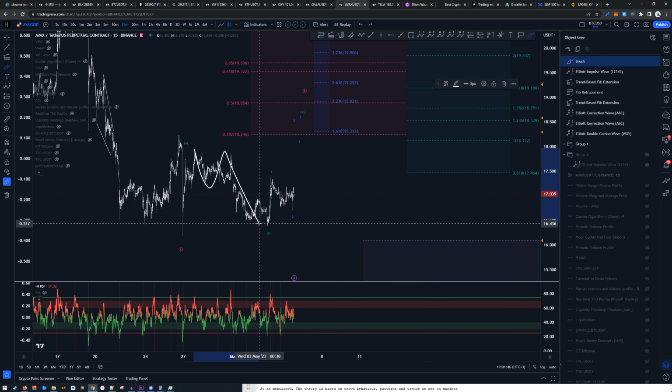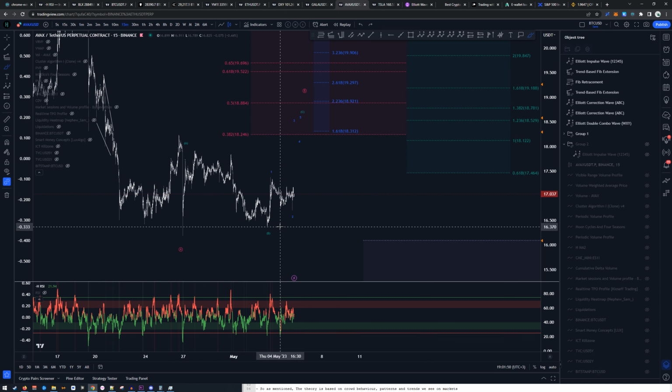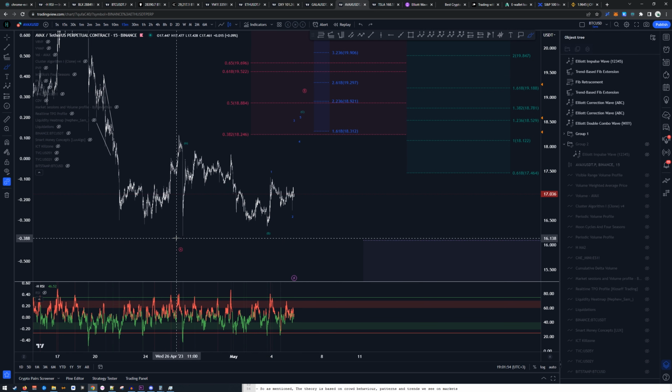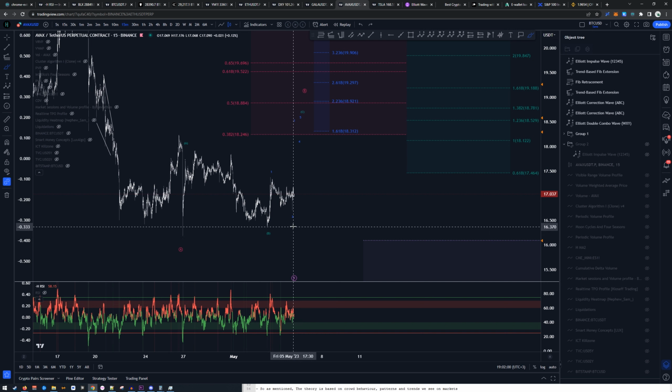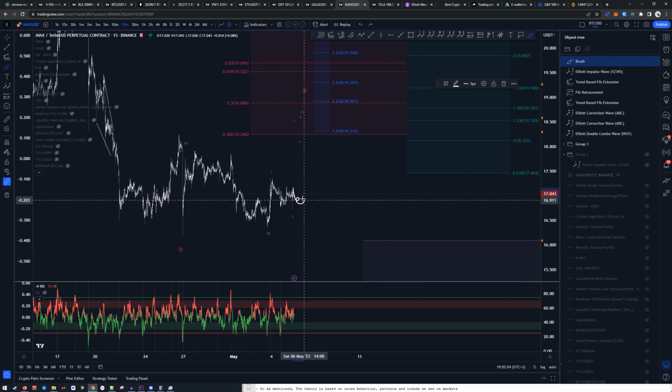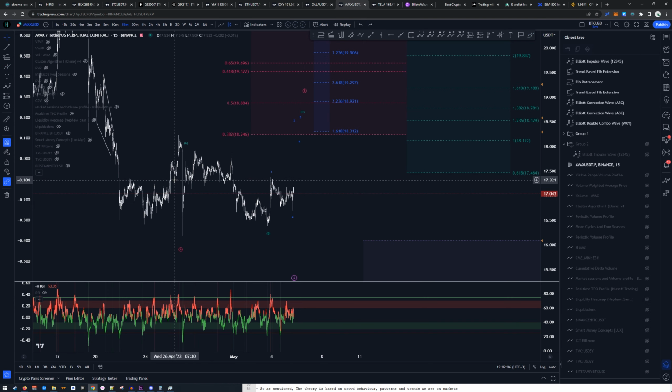I like the idea that this is finished here as that B wave. If we go anywhere lower here, I would be expecting this low to be taken out as well. So this is my invalidation for the idea. If we get any lower here, there's an opportunity there.